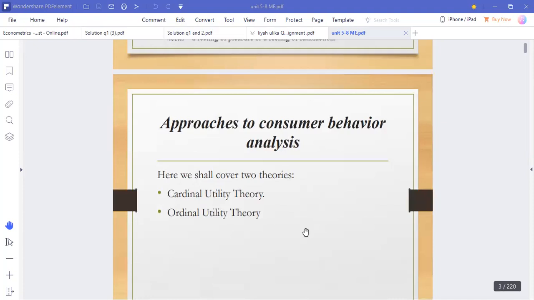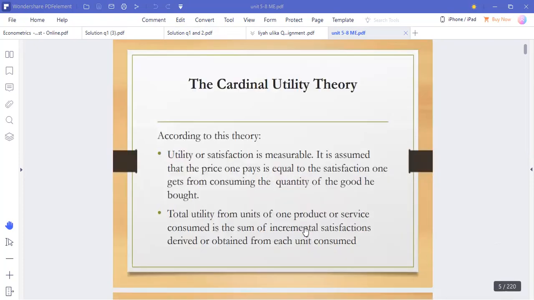So we're going to use a cardinal and ordinal utility approach, or the theories, to calculate that. To start with, we have what we call the cardinal utility theory. According to this theory, utility or satisfaction is measurable. It is assumed that the price that one person pays should be equal to the satisfaction that he or she must get from consuming a particular quantity of goods that they buy.